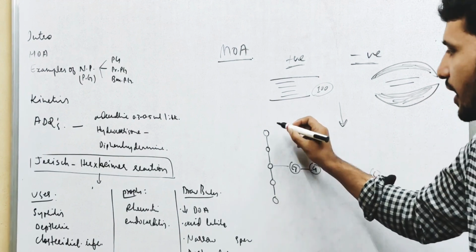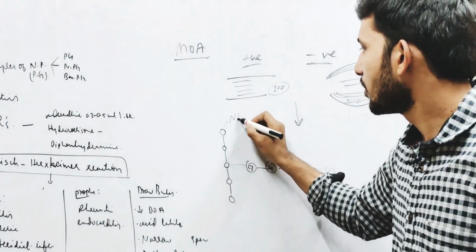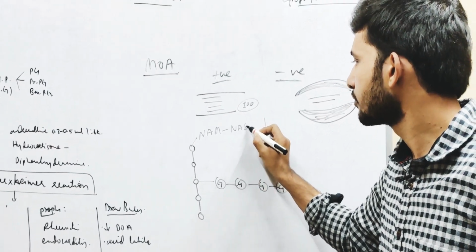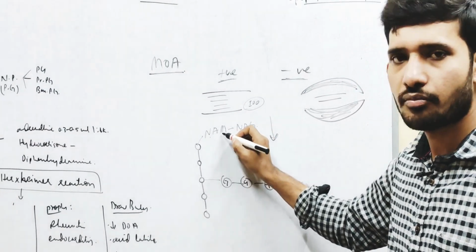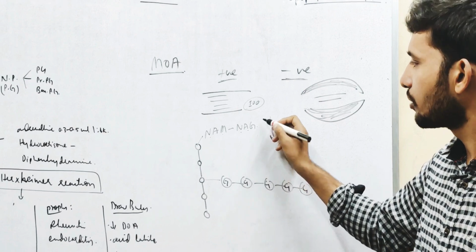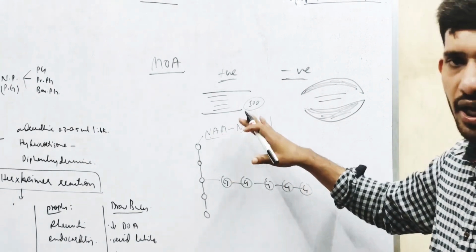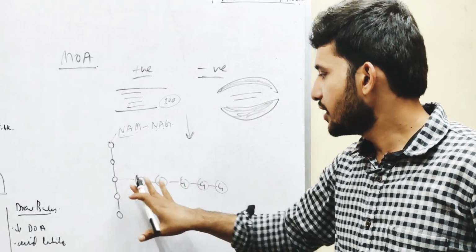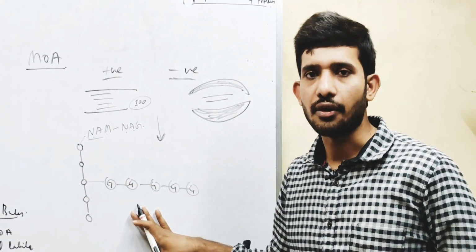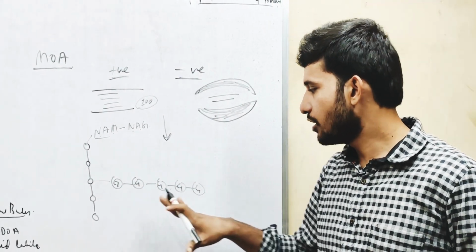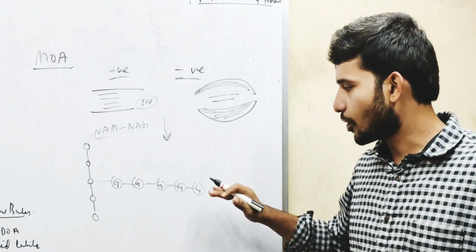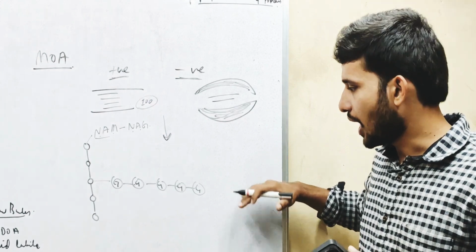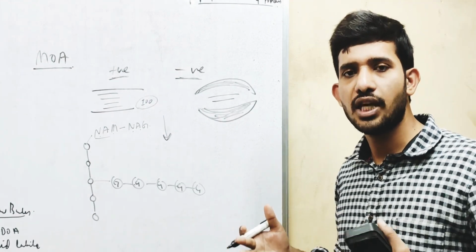The peptide chain is again attached to chemical moieties called NAM and NAG, N-acetylmuramic acid and N-acetylglucosamine. These will not have great significance, and this is the structure of peptidoglycan. This peptidoglycan will cross-link with the adjacent peptidoglycan chain, present all over the cell membrane.